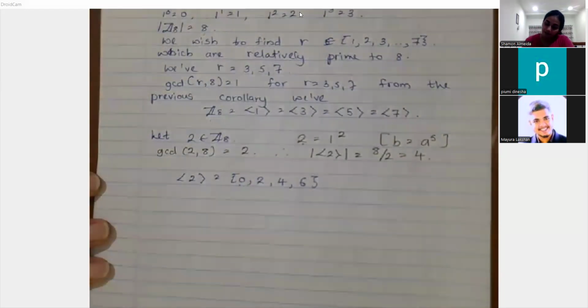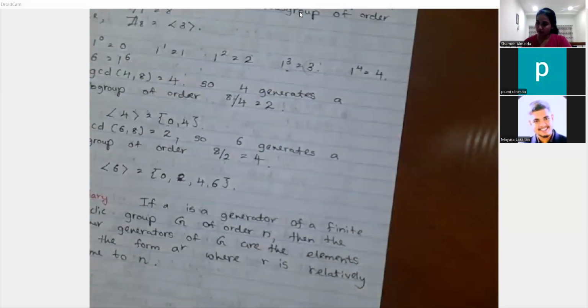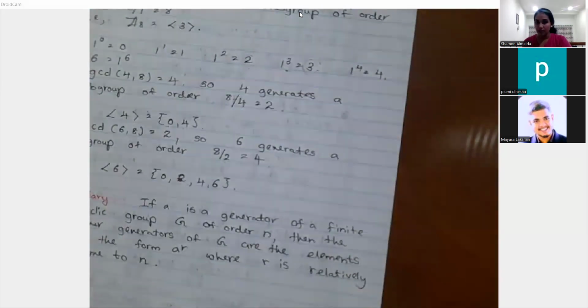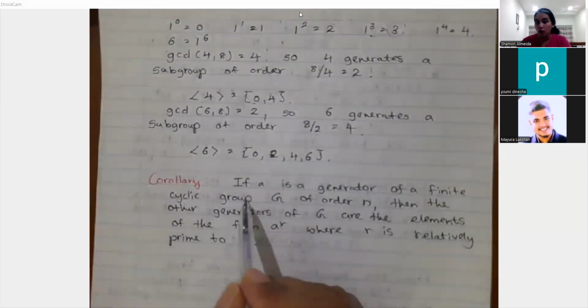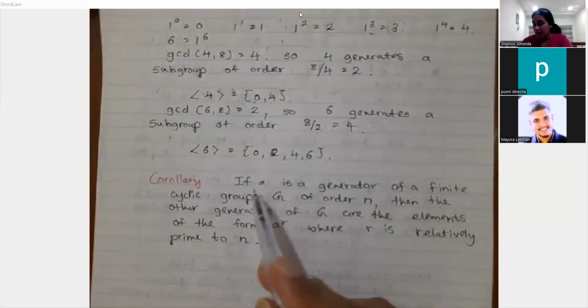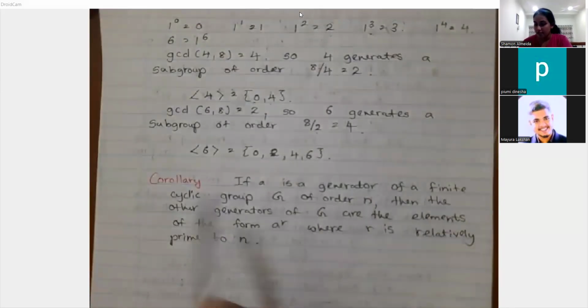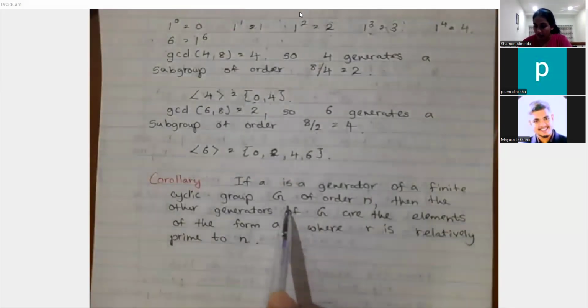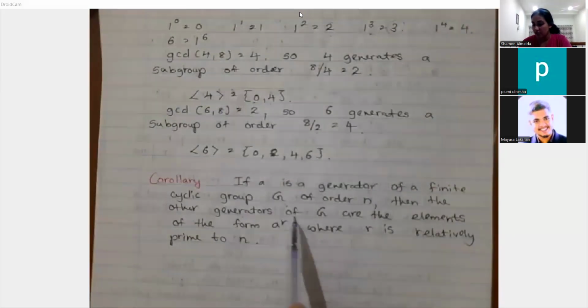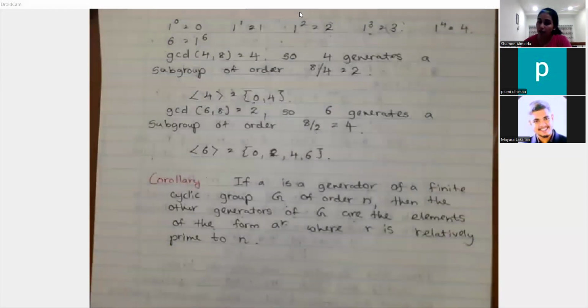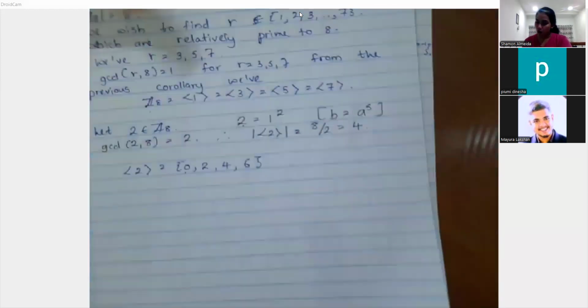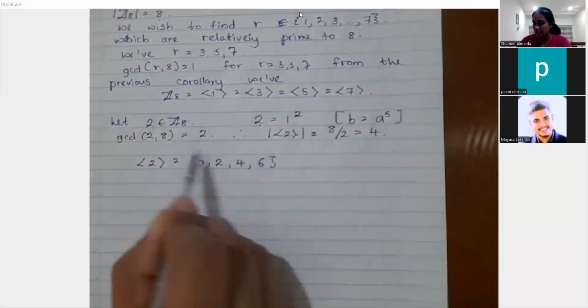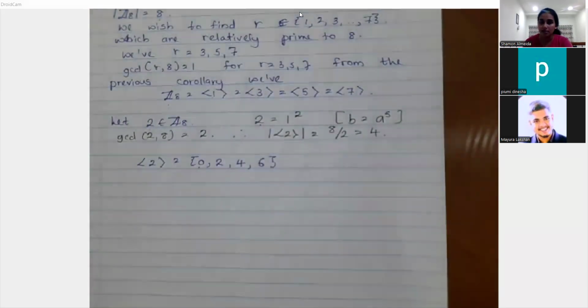Once again, if we refer to the corollary, I want to show you all something. If we go back and refer to the corollary: if A is a generator of a finite cyclic group G of order n, then the other generators of G are the elements of the form A^R, where R is relatively prime to N. Now this is a cyclic subgroup of Z8.